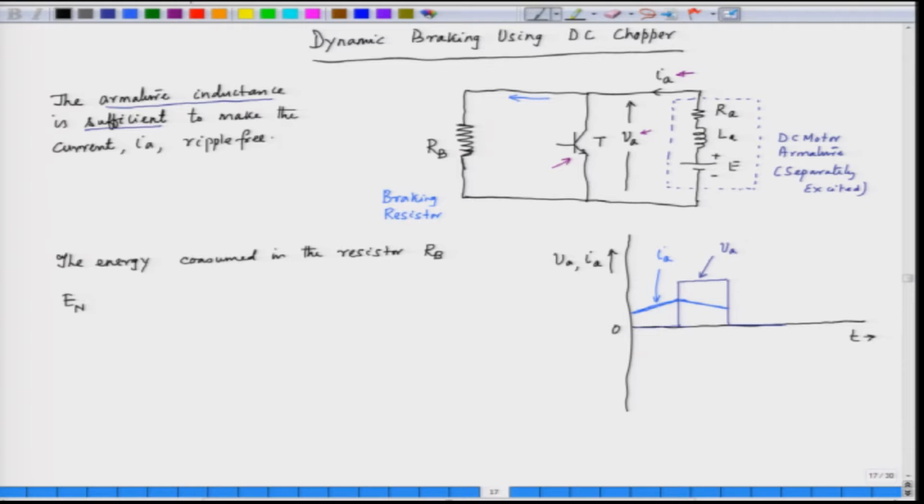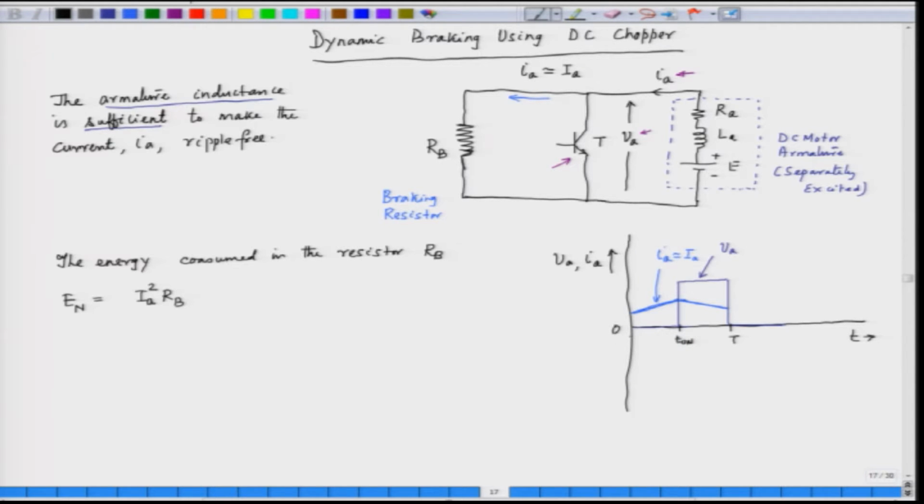We can assume that the current Ia is almost ripple free, so Ia is almost equal to capital Ia, a constant current if you ignore the ripple. The loss is Ia square into Rb, and this is present for what time? This is T on, and this is capital T.